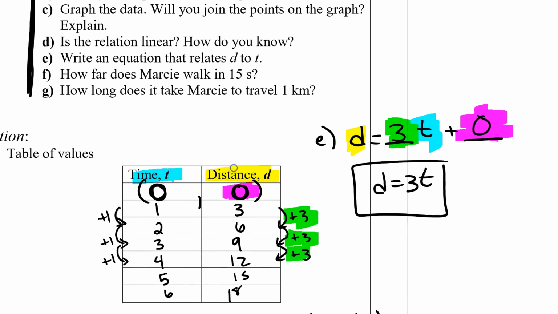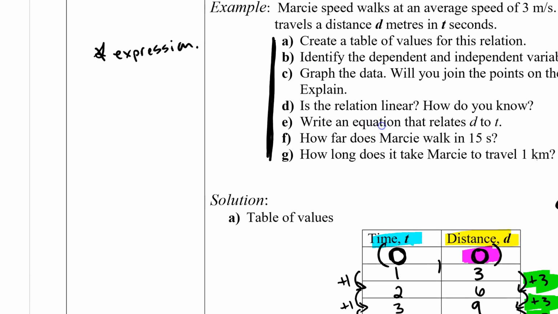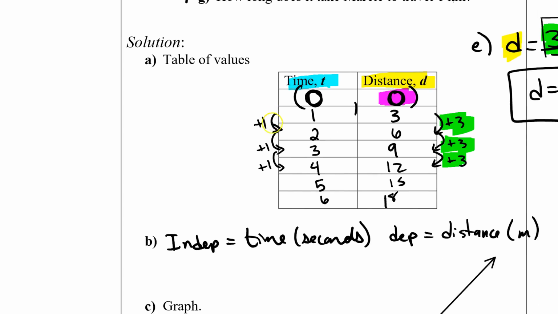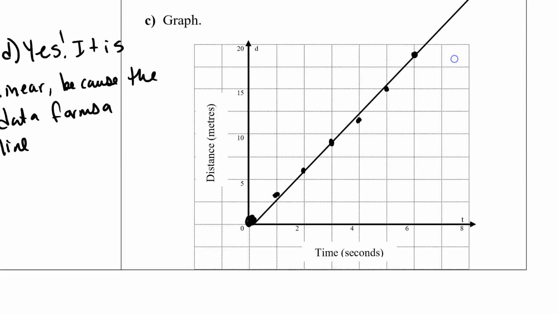Okay, and the expression would literally just be this portion of the equation. Just one side of it, not the dependent variable, but the part that has the independent, and I could ask you to express it in words. So as you go up 1 in the independent, you go up 3 in the dependent.